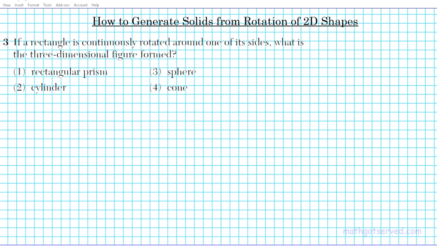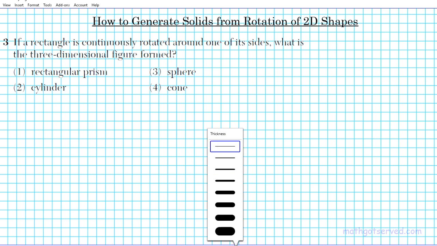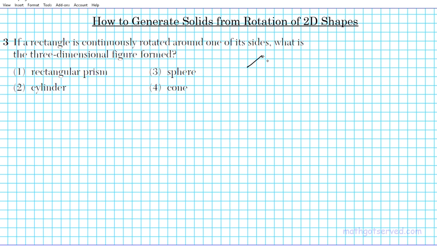Okay, so the answer cannot be option number 1, a rectangular prism, because it does not have a circular outline. So what does a rectangular prism look like? It's just like a rectangle that's stretched. So we have something like this. Bam. It's not perfectly drawn out, but something like this. All right, so this is a rectangular prism.